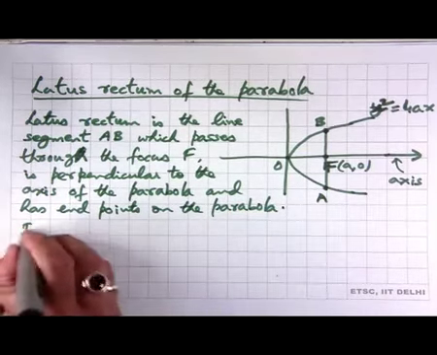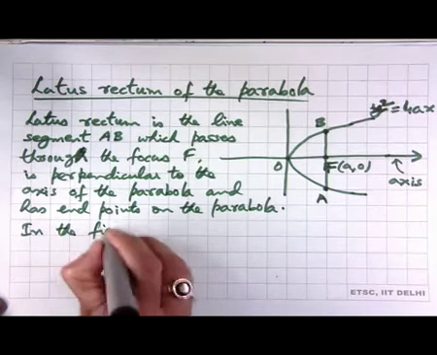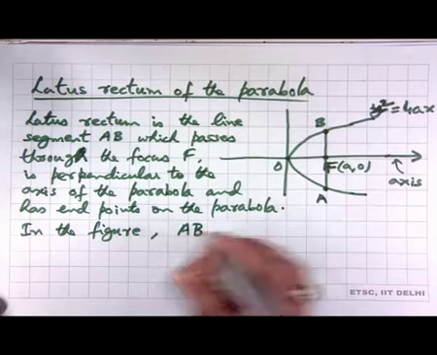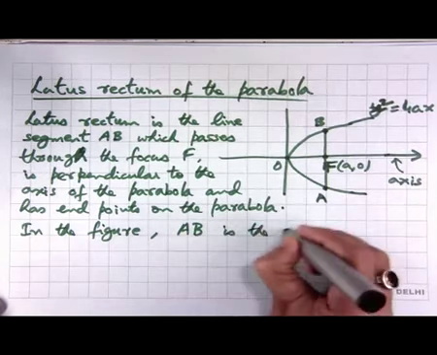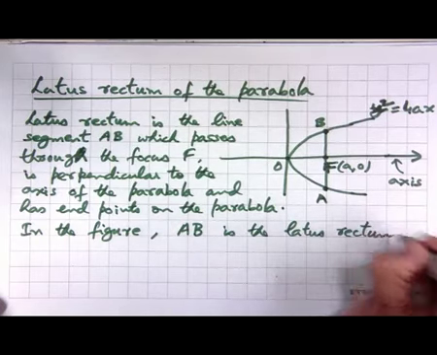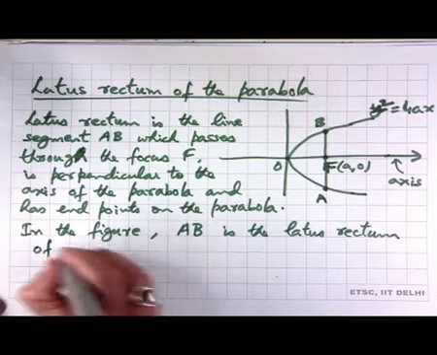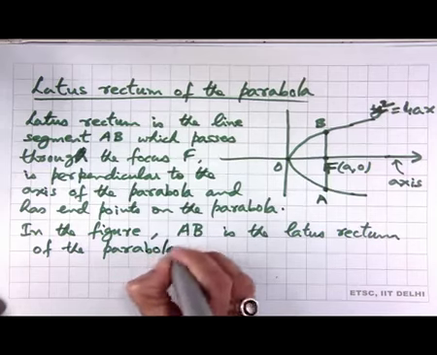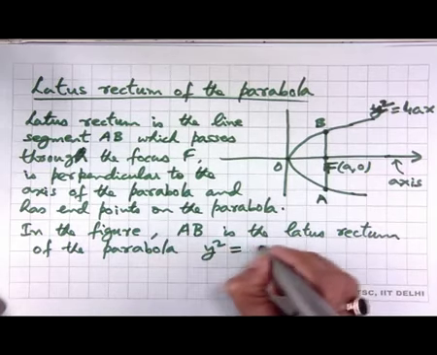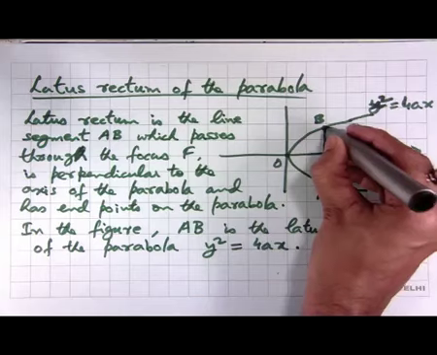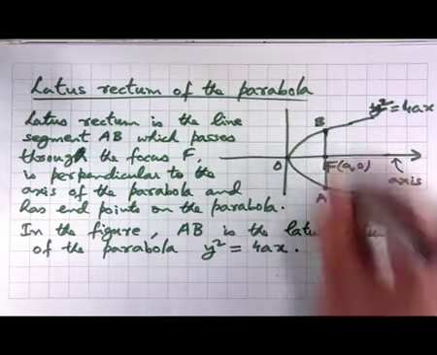So, in the figure AB is the latus rectum of the parabola y square equal to 4 a x. So, we would like to find the length of this latus rectum.